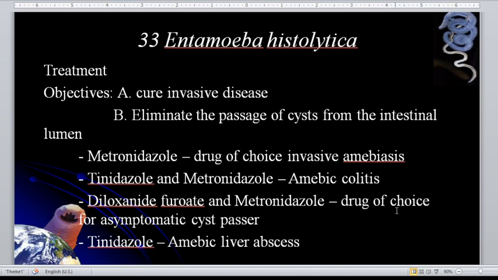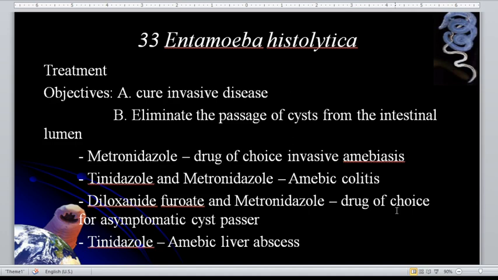Okay, so treatment, possible drugs for the treatment of Entamoeba histolytica: metronidazole, which is the drug of choice for invasive amoebiasis, tinidazole and metronidazole for amoebic colitis, diloxanide for weight, and metronidazole, that is the drug of choice for asymptomatic cyst passer, and tinidazole for the amoebic liver abscess.